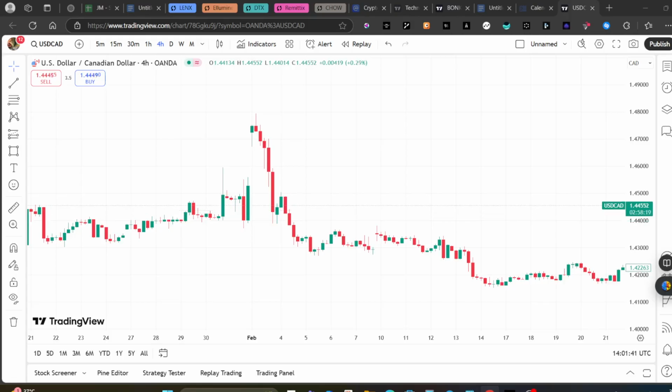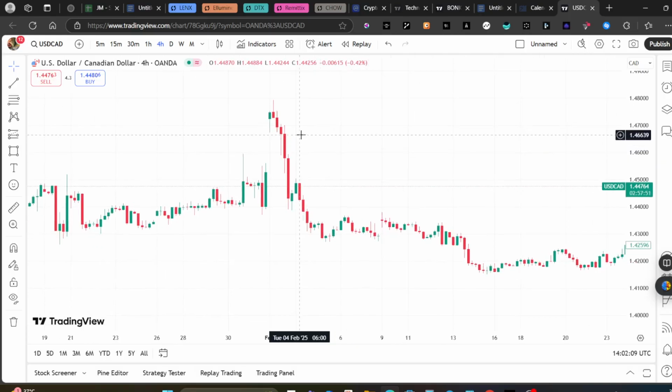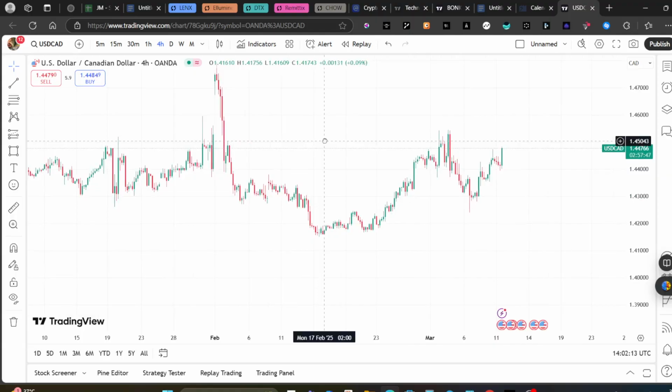First of all, let us define what we mean by stacked imbalance in order flow trading. Now, in the market, every transaction involves buyers and sellers, right? But sometimes there is a major shift in order flow when aggressive buyers or sellers completely take control at a specific price level.